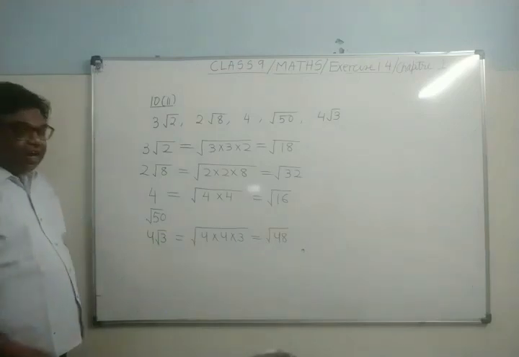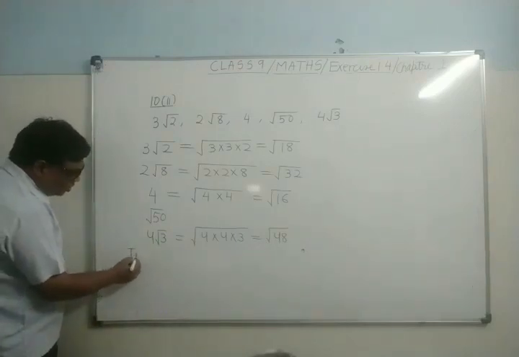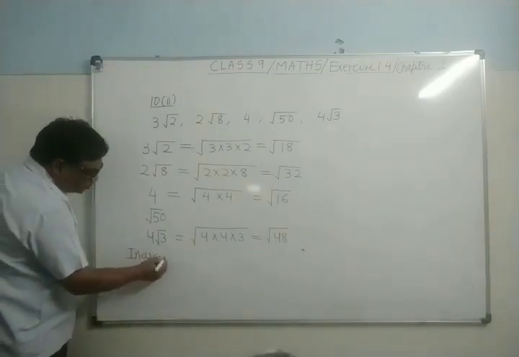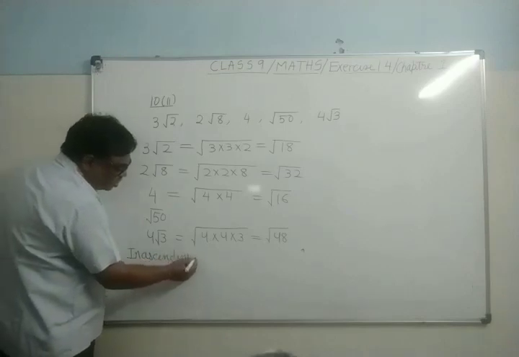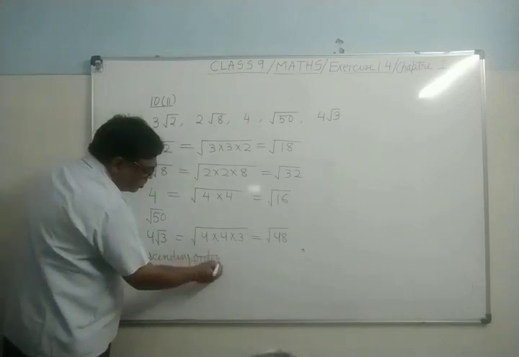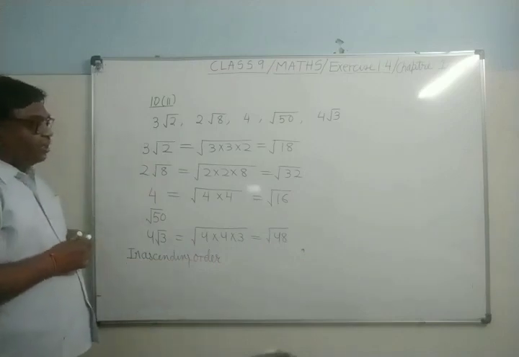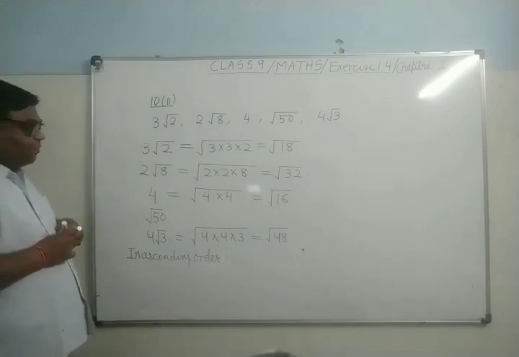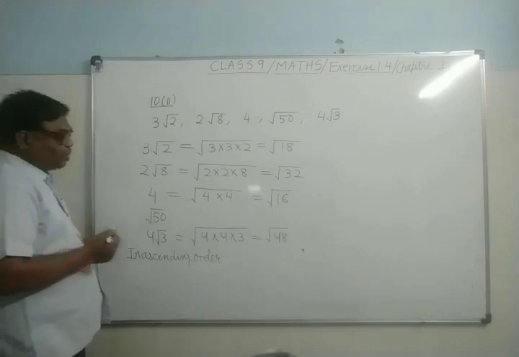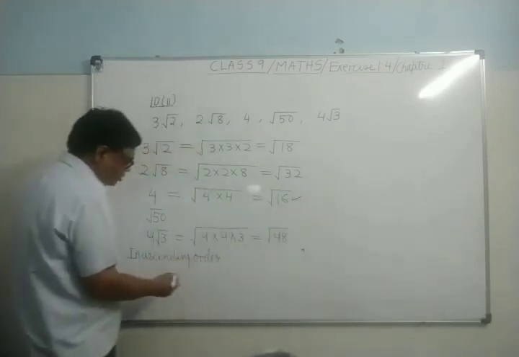So in ascending order, you will start writing from the smallest number. So smallest is this, root 16.